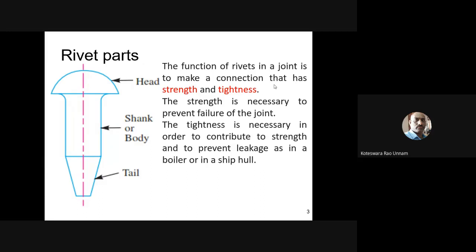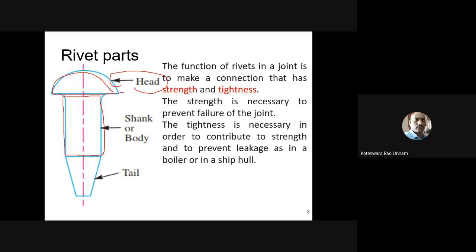Now, if I look at the rivet here, this is the picture of the rivet. Here are the various parts of this rivet. This semi-cylindrical portion we call the head of the rivet. Then this is the portion which lies within the connecting parts.